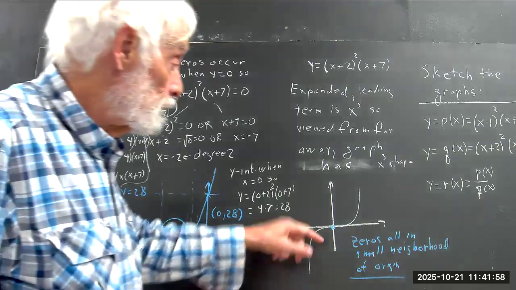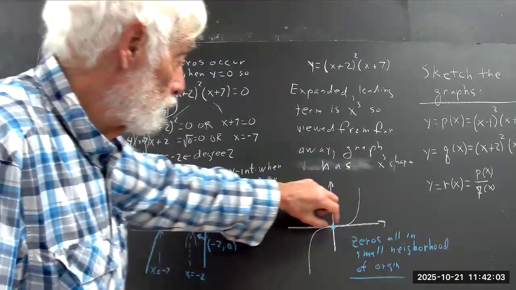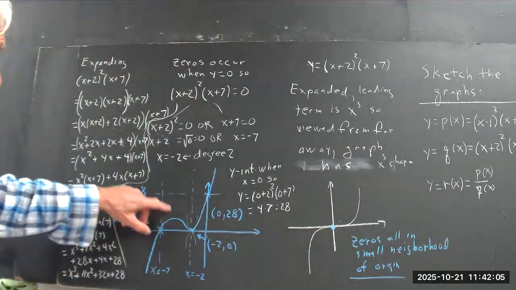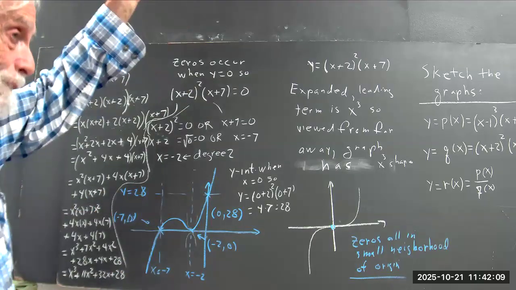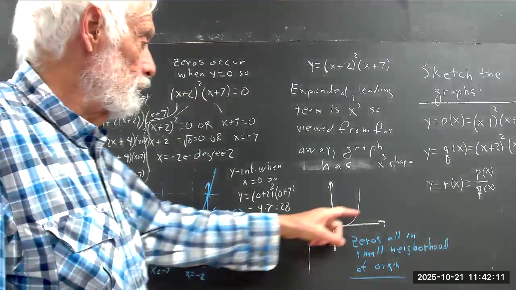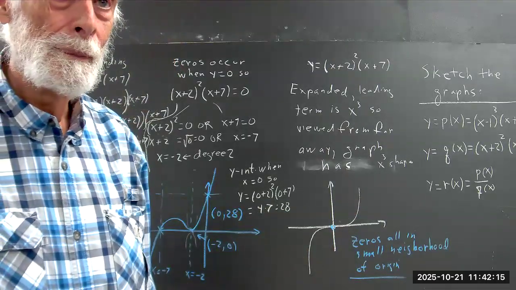You don't see a difference until you get close to this area here. When you get close to this area here, yeah, it wiggles a little bit. But then for too long, it practically joins up almost exactly with the x cubed function.